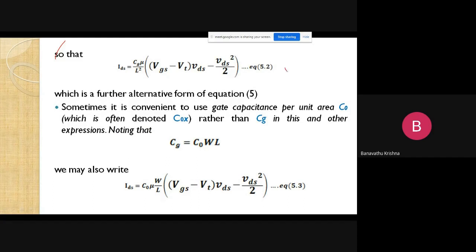This is another, alternative form of equation number 5. Okay, next.